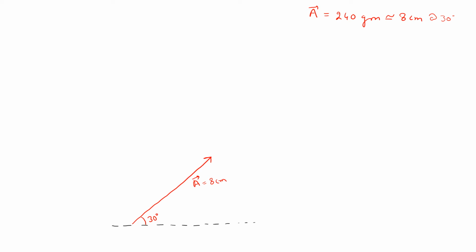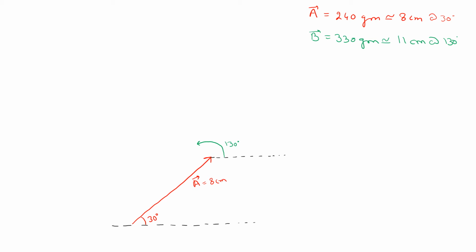Next I had my B vector. The B vector was 330 grams, which was equivalent to 11 centimeter on my graph, at an angle of 130 degrees. When I take my second vector, I'm going to make the axis at this point, put my protractor at this point on this axis, and take the angle, which is going to be 130 degrees.